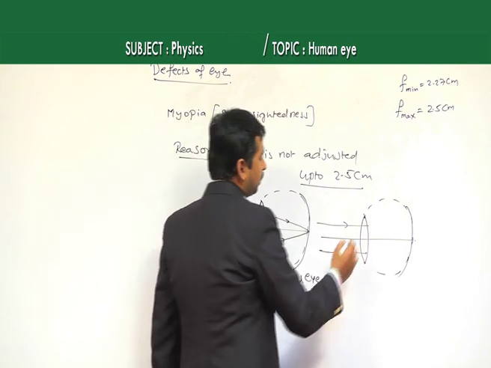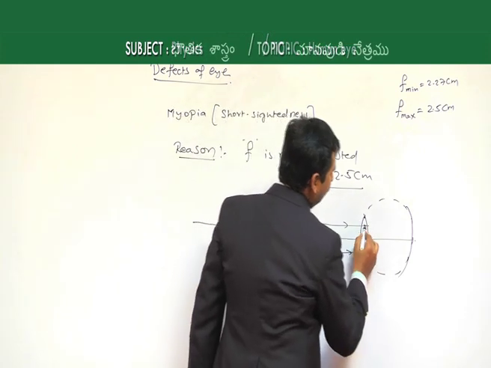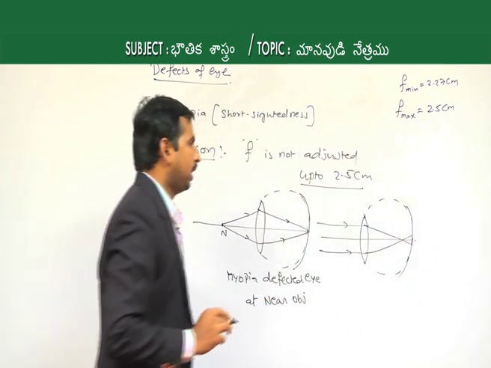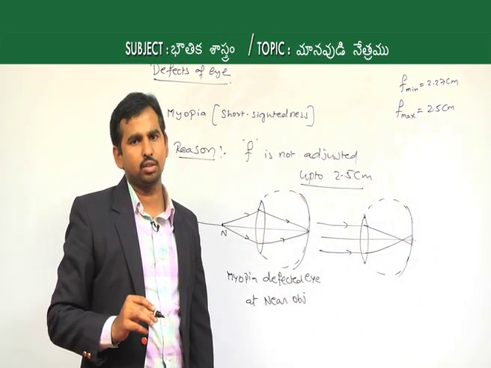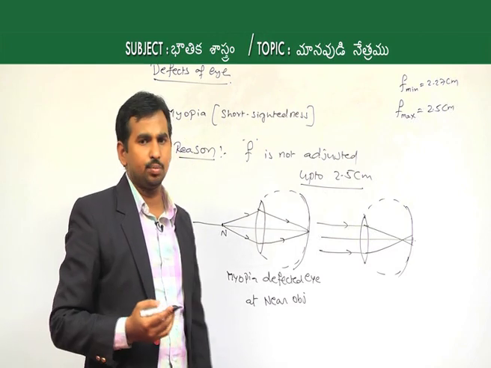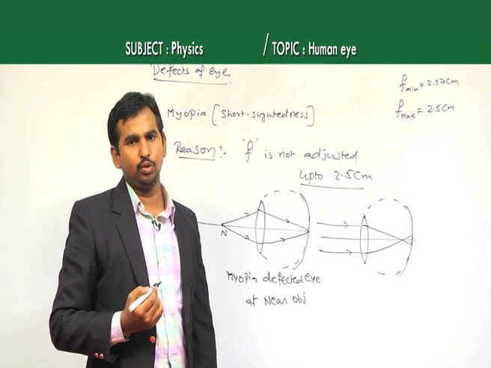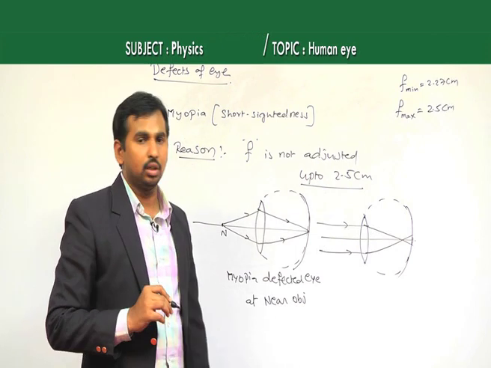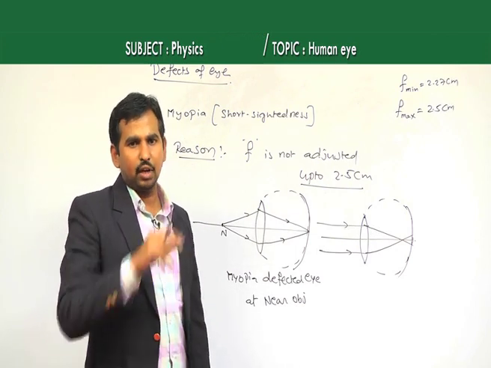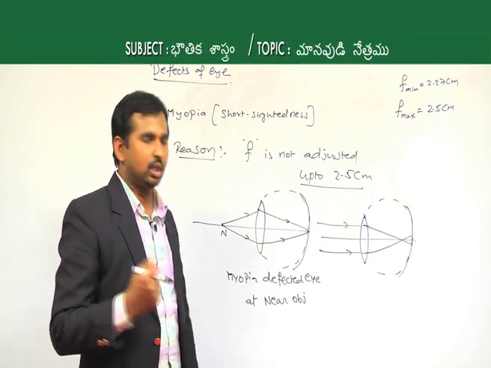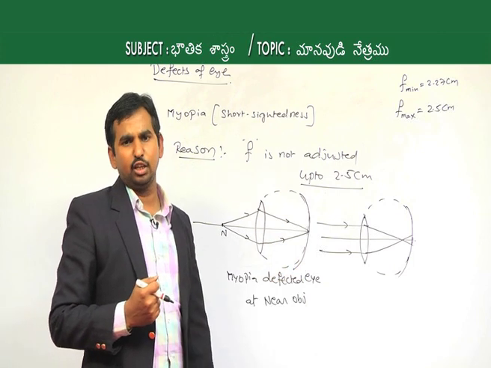It is not converging at the retina; it is converging before the retina, like this. The problem is that we have less focal length, so they converge before, and the light rays are not converging on the retina. Whenever the light rays reach the retina, they are going like a diverging beam. So that is why we cannot see a very clear image.